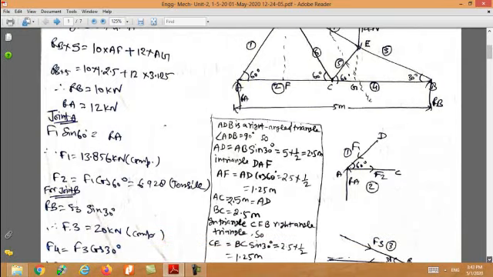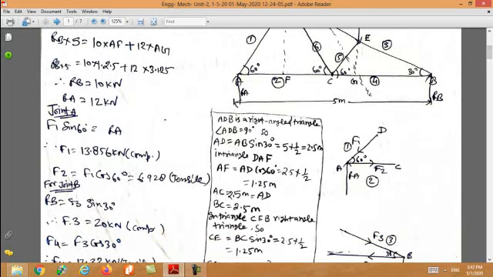Suppose for joint A, you are seeing the free body diagram of joint A. Three members meet here: first the reaction force, and second F2 and F1. F2 is assumed tensile and F1 compressive.